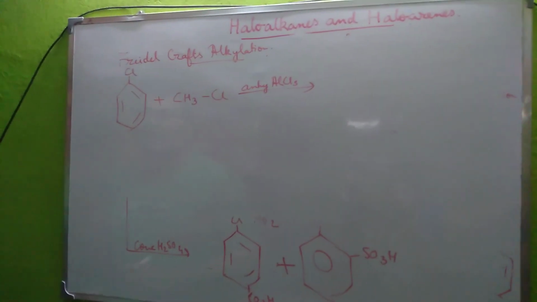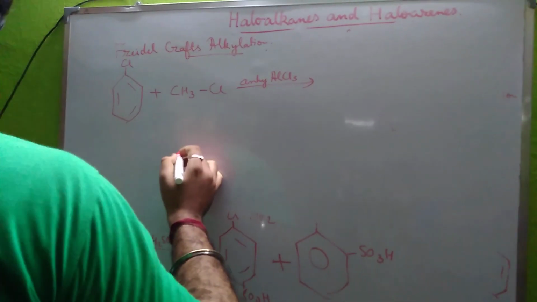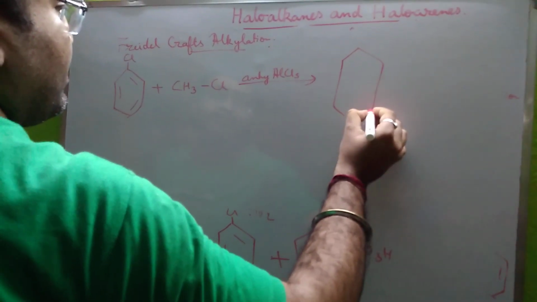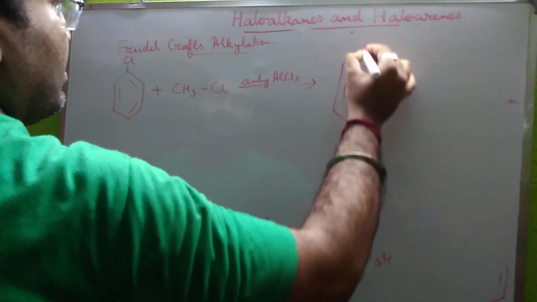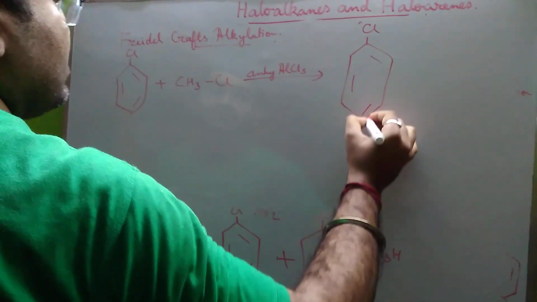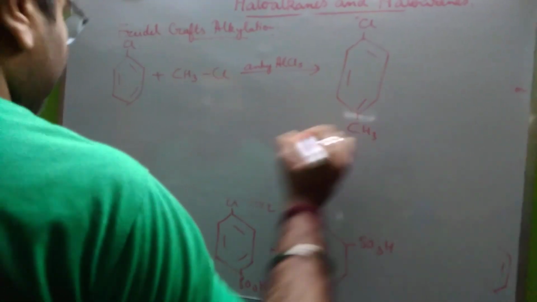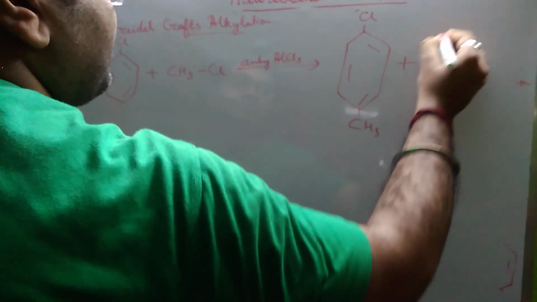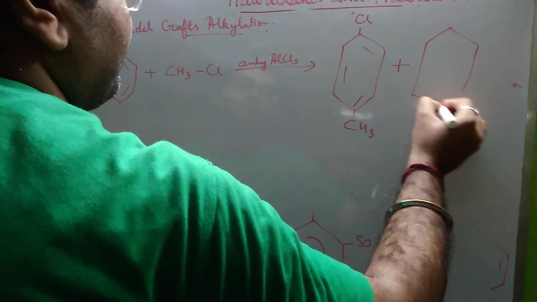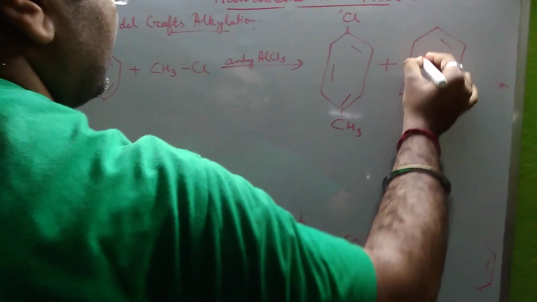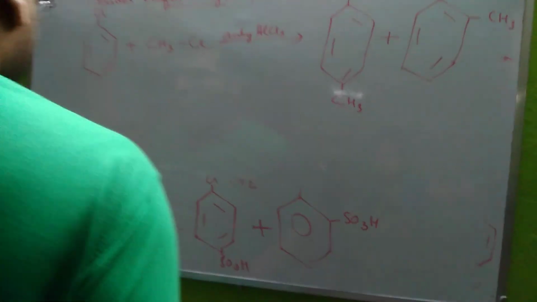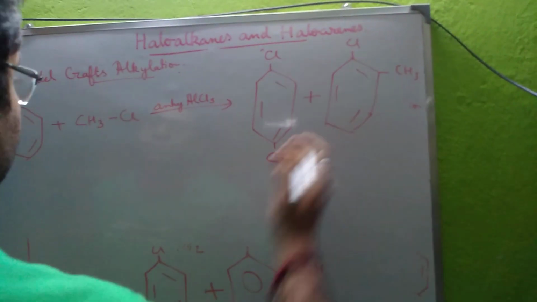So what will happen? This CH3 will be getting occupied. One time Cl is occupied, CH3 is occupied over here. Another time CH3 will be getting occupied in the ortho position.